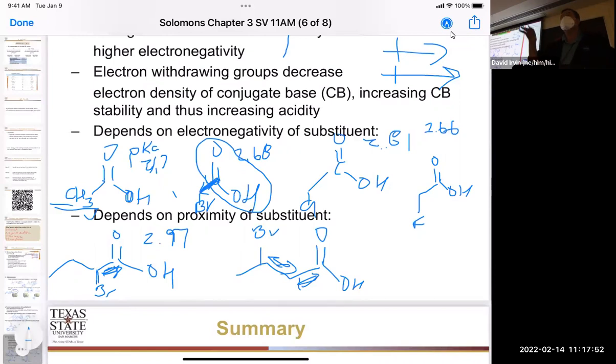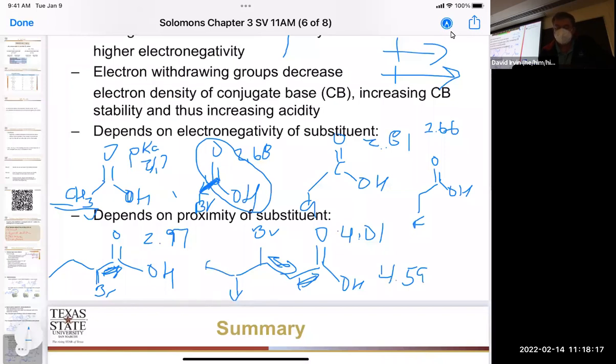And it has less of an effect because it can't pull as much through those two bonds as it could through the one bond. And so the pKa drops to 4.01. And if we move it over one more here, the pKa is going to drop again to 4.59.